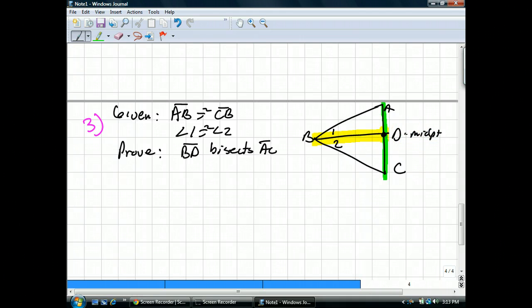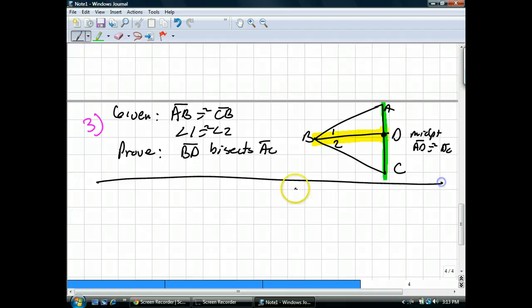So we have to show somehow that that is a midpoint. And if that is a midpoint, then I know that AD is congruent to DC. So I need to prove that. In order to prove that, I need to prove that the two triangles are congruent. So that's kind of the idea of what I'm doing here.